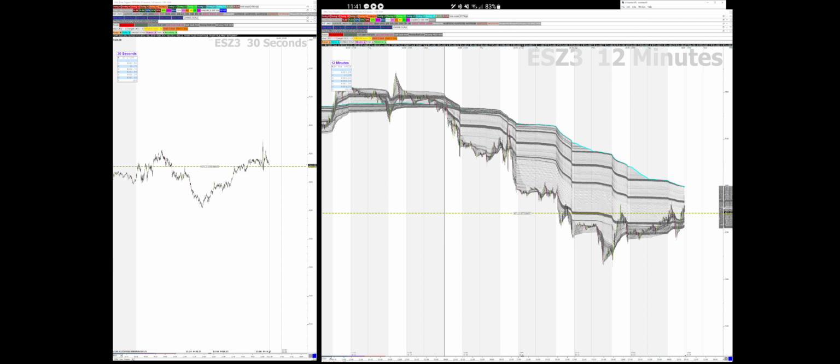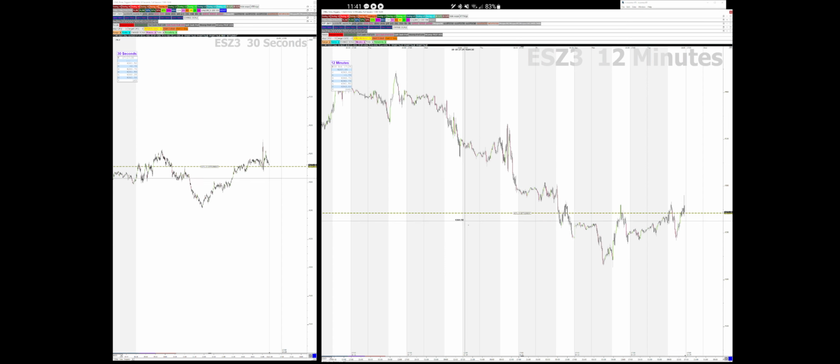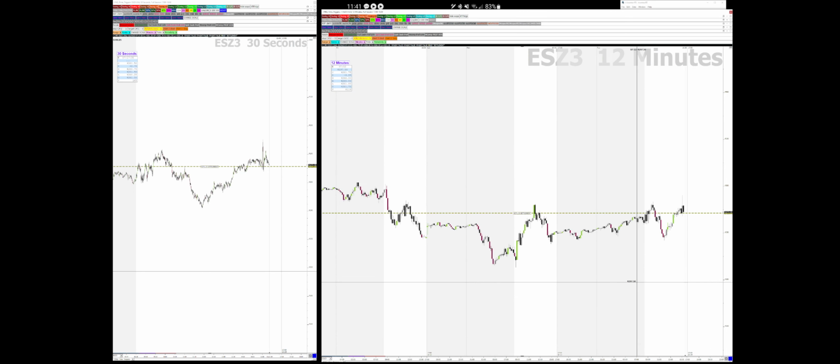But everything I do revolves around VWAPs, and a lot of people think VWAP is just the developing VWAP, the VWAP of today, or the VWAP of the full session in blue.